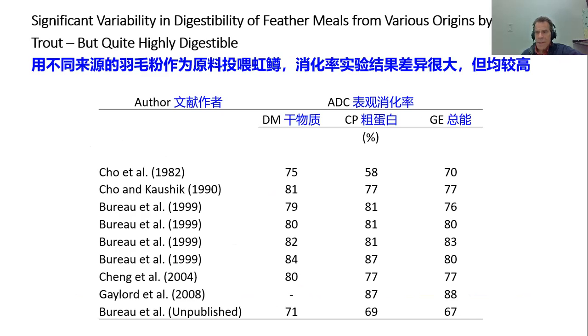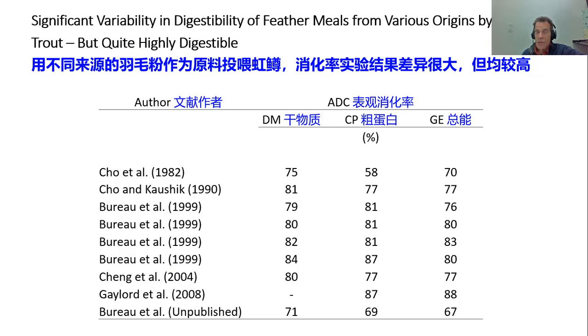We were aware of this when we worked with feather meal. We actually measured very significant improvement in the digestibility of feather meals over the years using the Guelph system. I measured, and published in 1999, digestibility of 81 to 87% for feather meal in rainbow trout, compared to 58% in the 1970s and 80s by Professor Young Cho and another author.